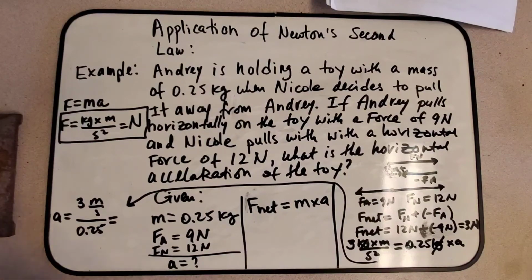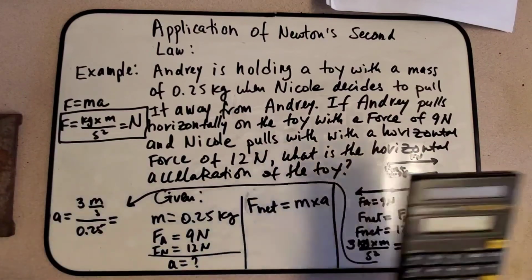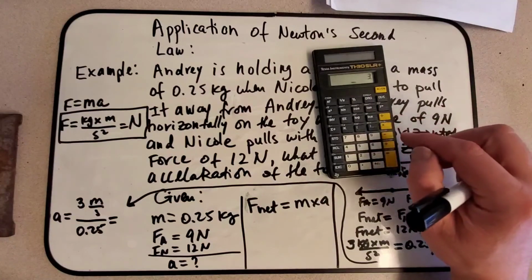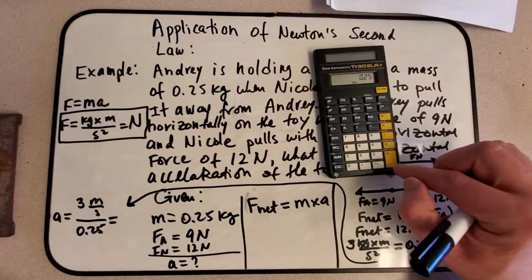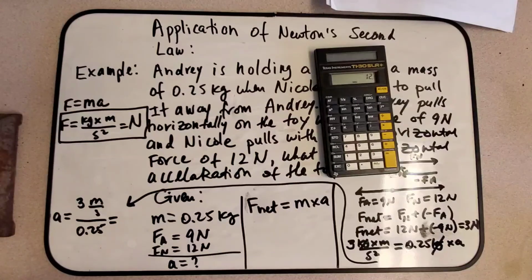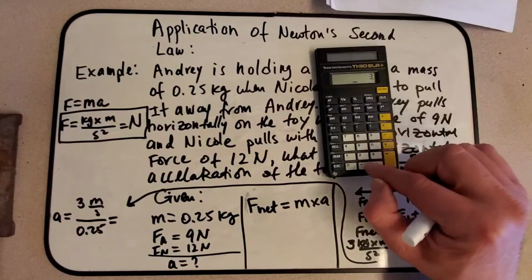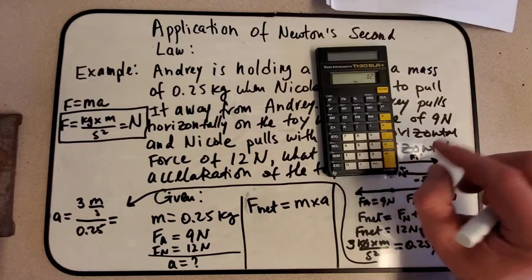I'm going to plug everything in: 3 divided by 0.25, and the answer is 12 meters per second squared. Let me make sure I did the right calculations here. 3 divided by 0.25. Yeah, that's correct.